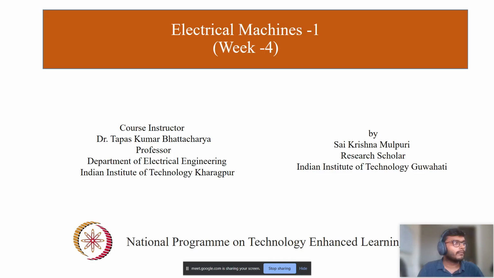The concepts will be basically the auto transformer and the connection of auto transformers, using a two winding transformer as an auto transformer, how the losses will be, how much power is transferred, how much power is conducted, and the total kVA handled by the transformer. These kinds of concepts have been taught over this week. So I'll be discussing those topics now.